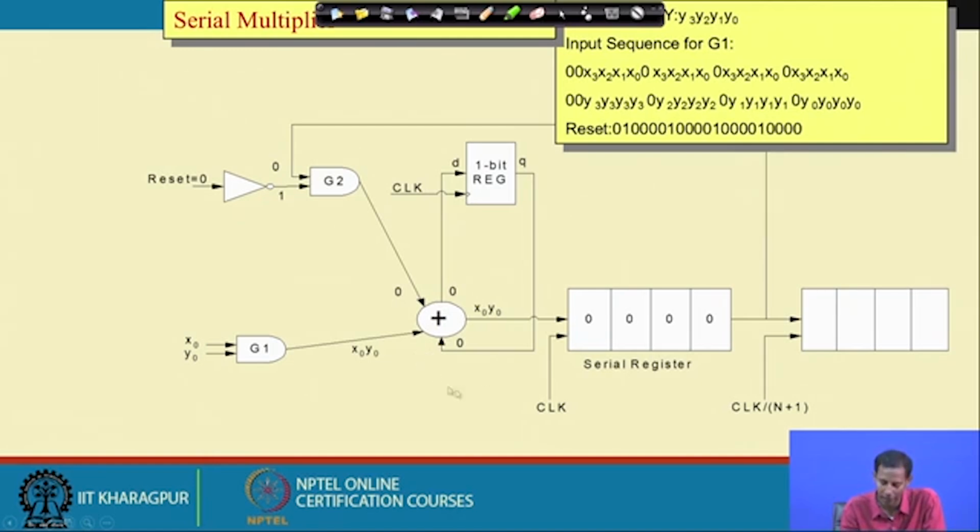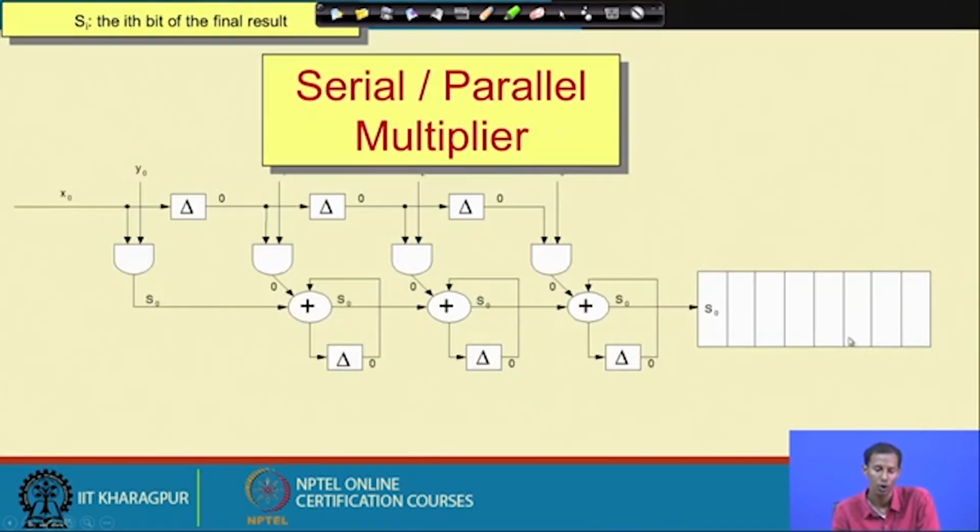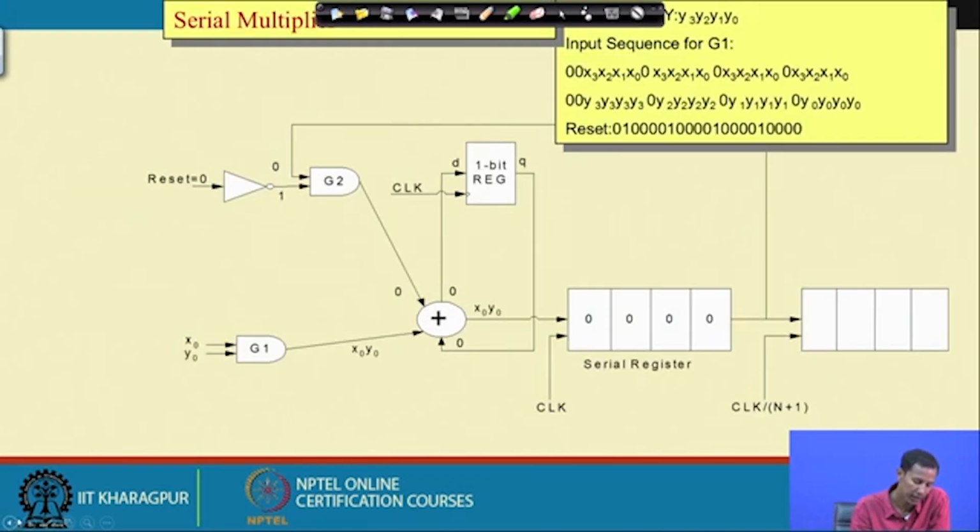Then again that will be stored in this particular register, and finally the final result will come over here. So, this is the serial multiplication or the bitwise multiplication.